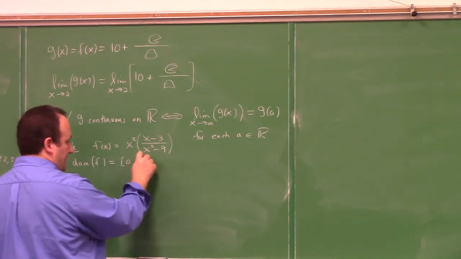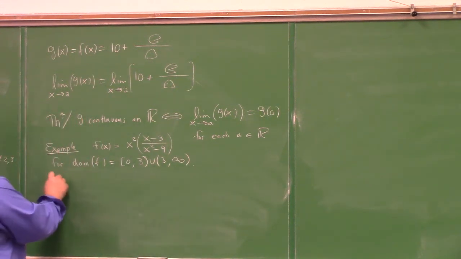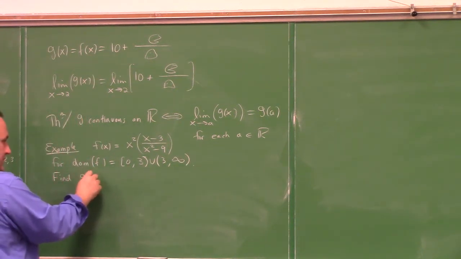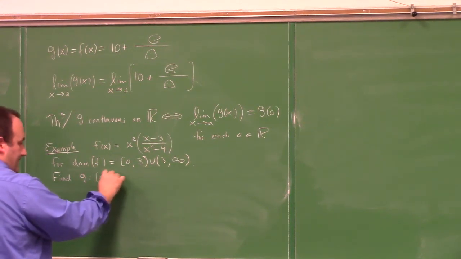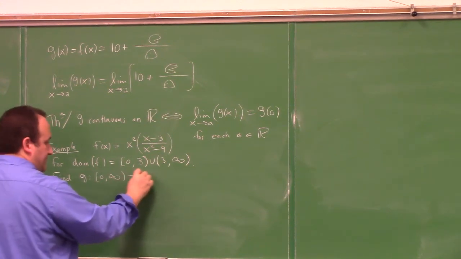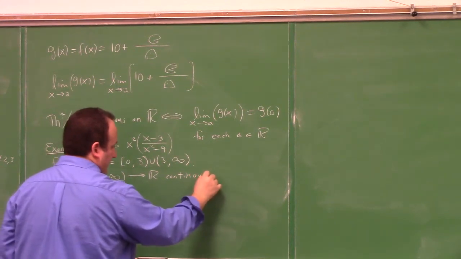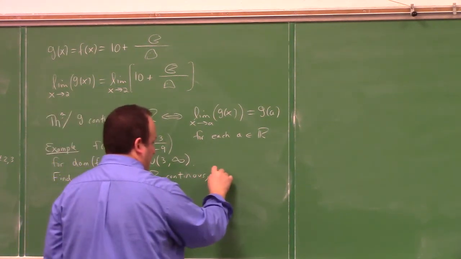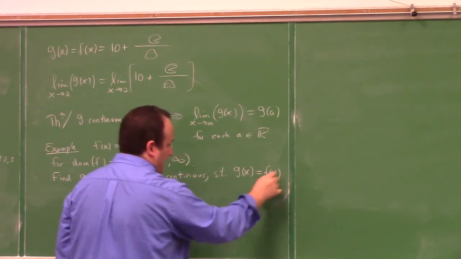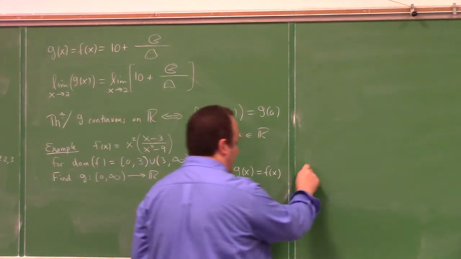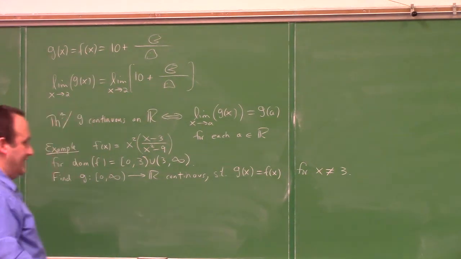So 0 to 3 union with 3 to infinity. So I could say find g from 0 to infinity, continue it to the reals, continuous, such that g of x equals f of x for x not equal to 3. That would be like the problem I've assigned.